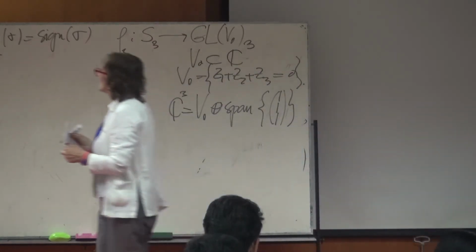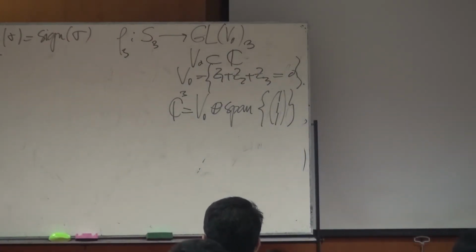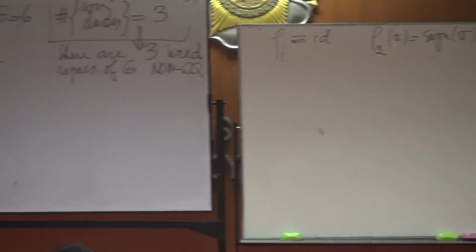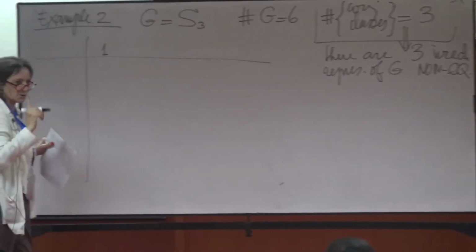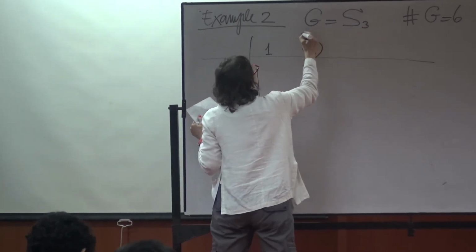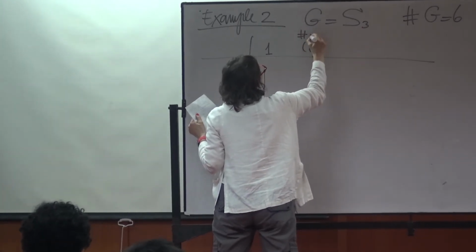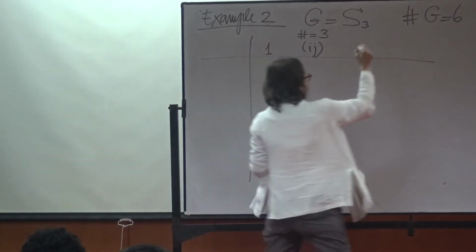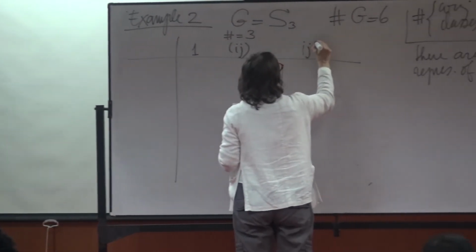And so now we try to write the character table for S3. Here we have the equivalence class of 1. Here we have the equivalence class of the 2 cycles, and there are 3 of them. This conjugacy class has 3 elements, and then we have 2 elements in the 3 cycles.